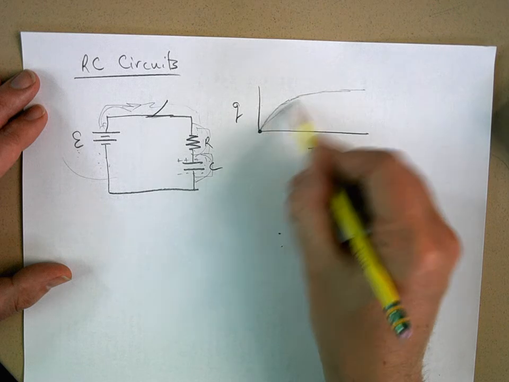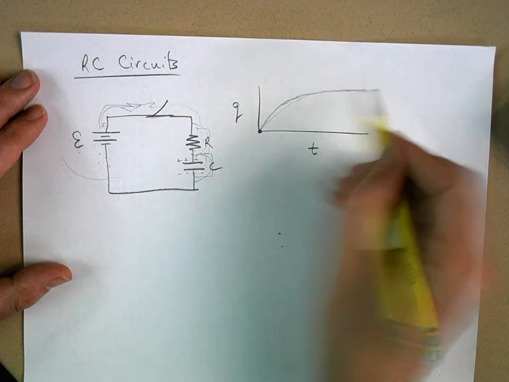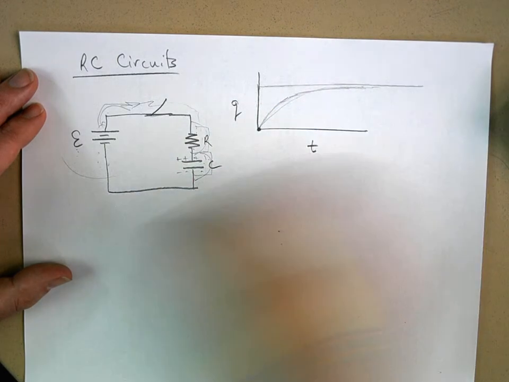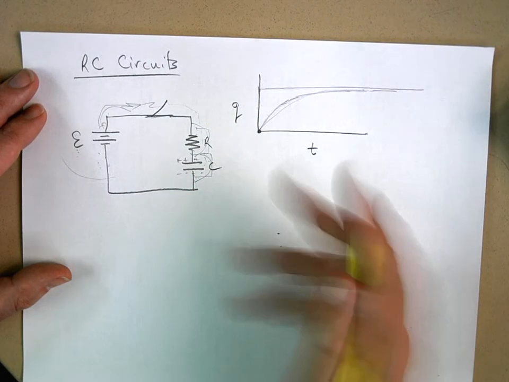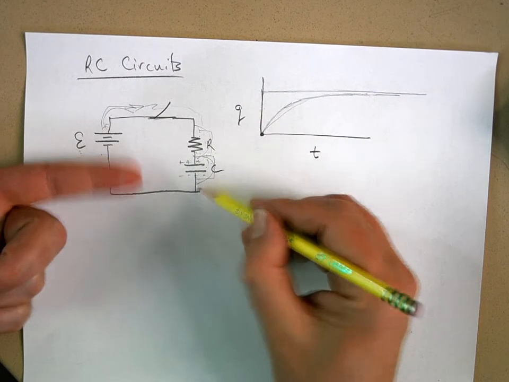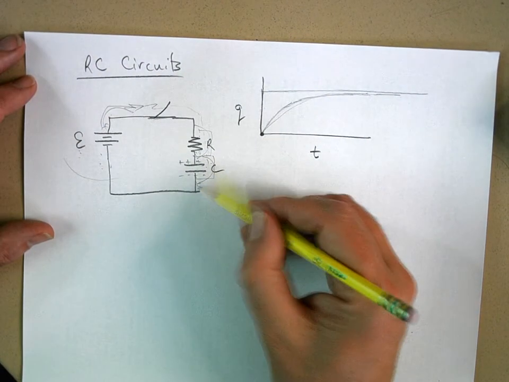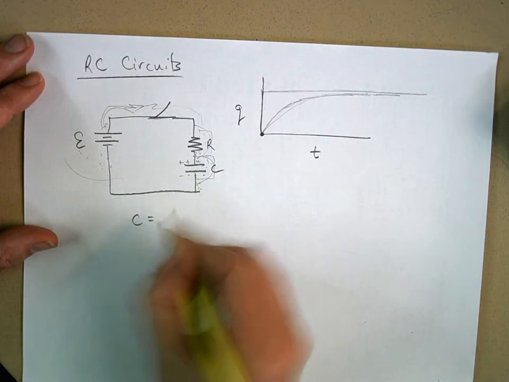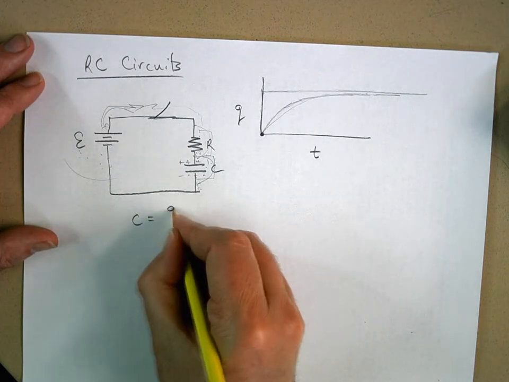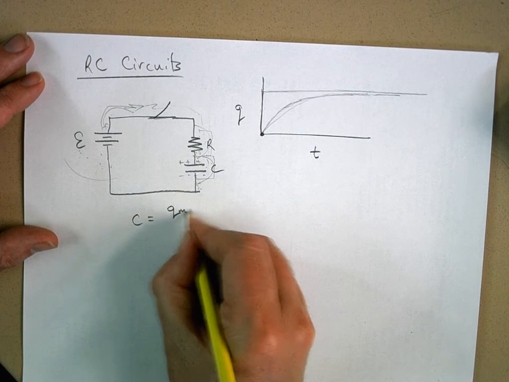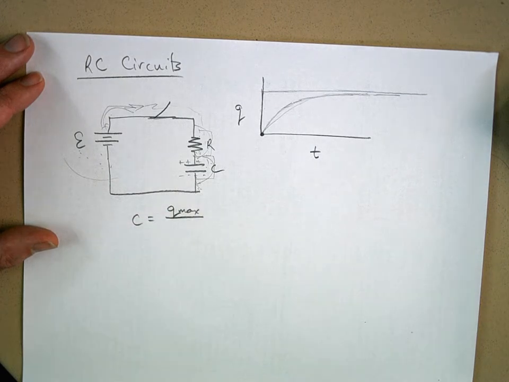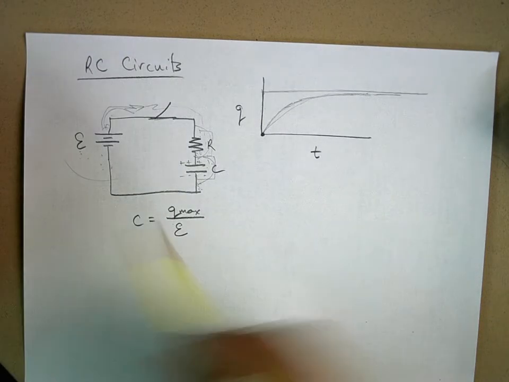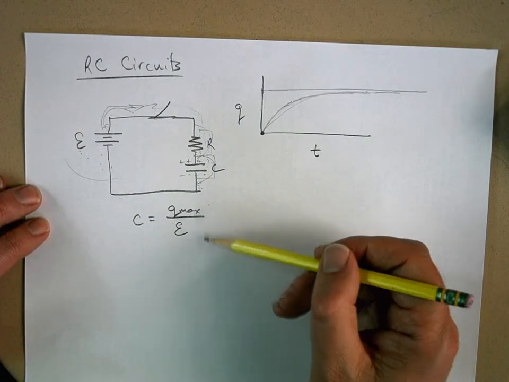And I get a function that looks like this. It's not a square root function. Looks like one, doesn't it? But it's not. It's an exponential function. Now, think about it. What is the maximum? What if the voltage across here was E? Well, capacitance is the charge you get, the maximum charge, divided by E. Coulombs per volt, right? That's a farad.